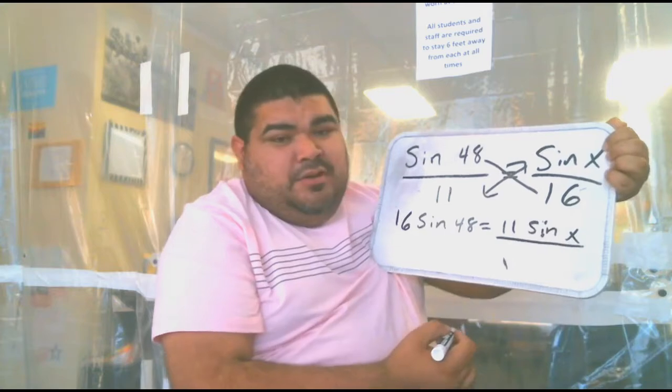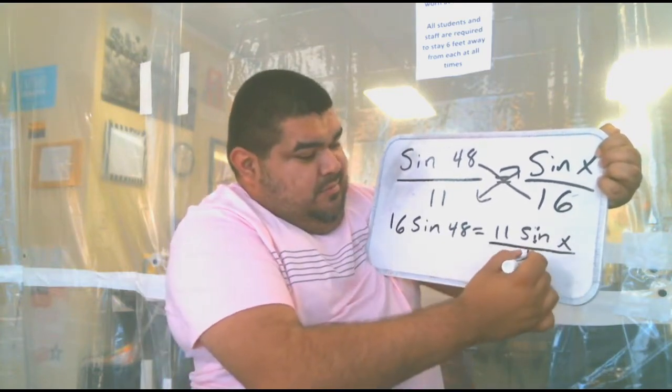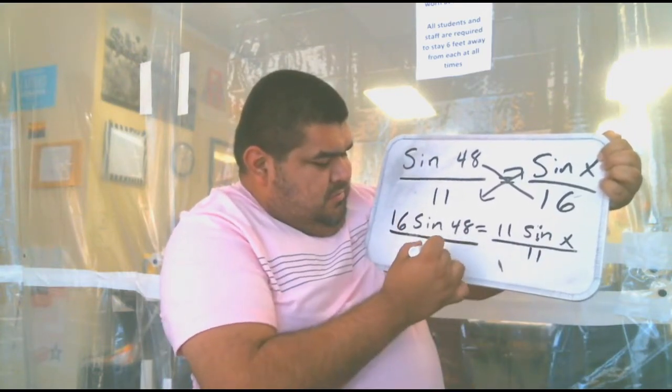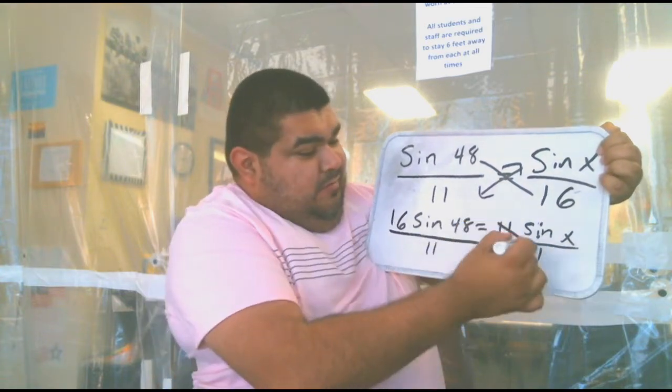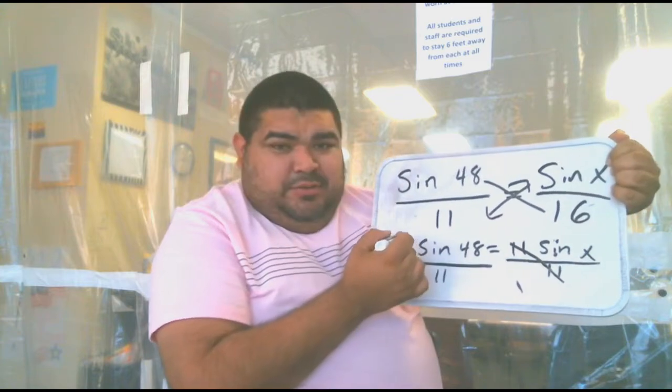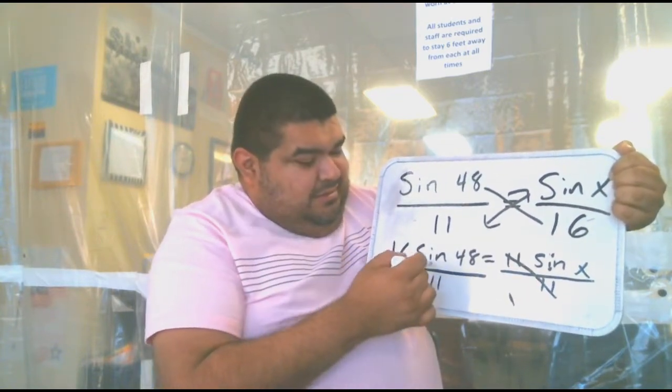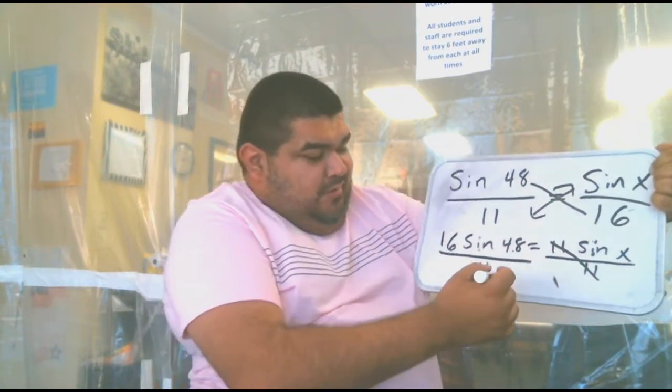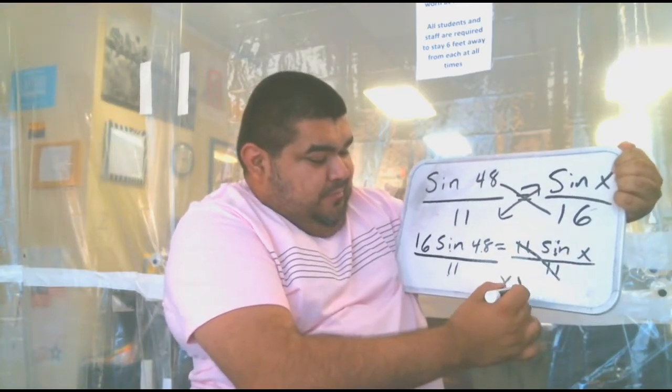Okay, what we're going to do next is divide by 11. So leave sine of x alone. All we're going to do is plug it into the calculator. 16 sine of 48 divided by 11 should give us x, which is our angle.